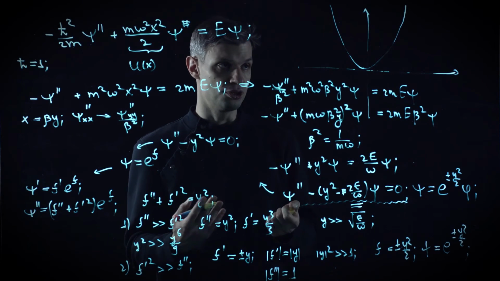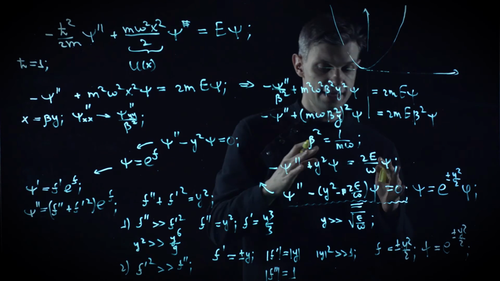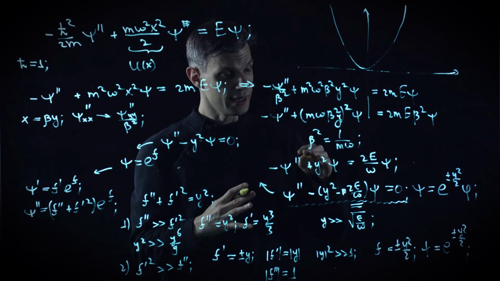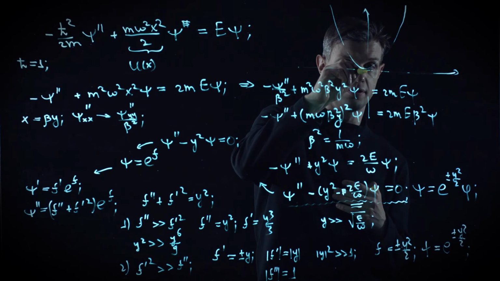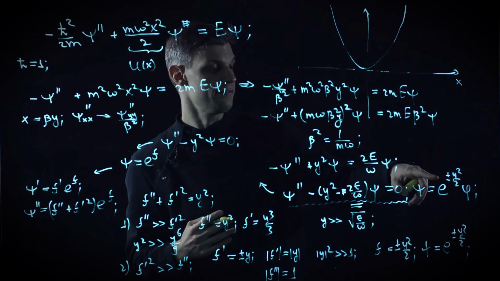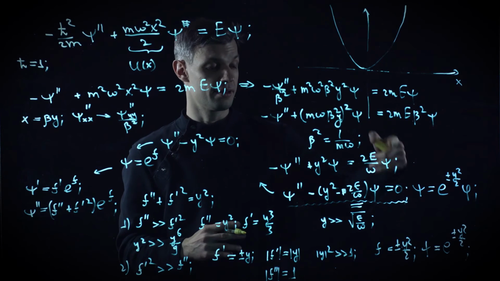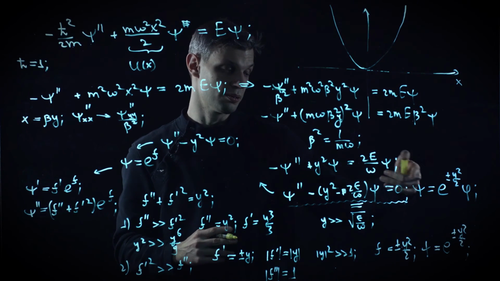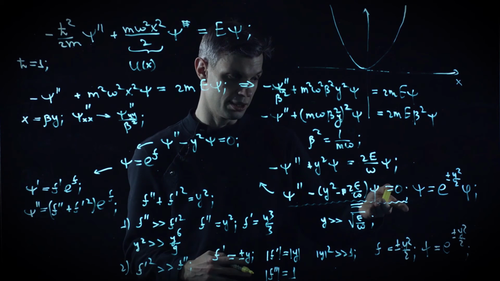And it's kind of more natural because we expect that our particle, when it oscillates, is centered near the origin, oh, here is our x origin or y origin, right? Because if we choose, for example, plus sign, e to y squared over 2, then as you remember, the modulus squared of the psi function gives us the probability to find the particle at a particular coordinate y.